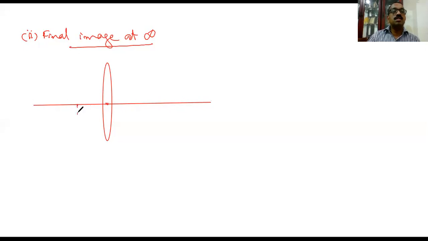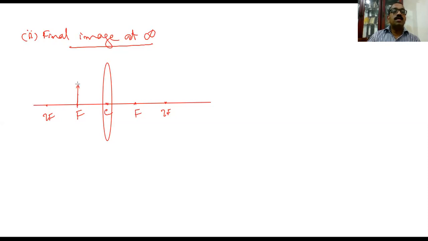So this is the focus, optic center, 2f. Now, for the final image to be at infinity, where should we keep the object? By the way, for the final image to be at infinity, the object should be kept at the focus. You know that. So this is the object, at the focus we keep the object.